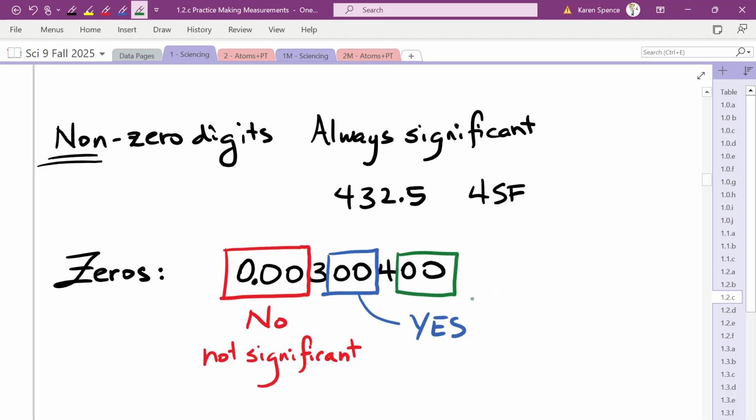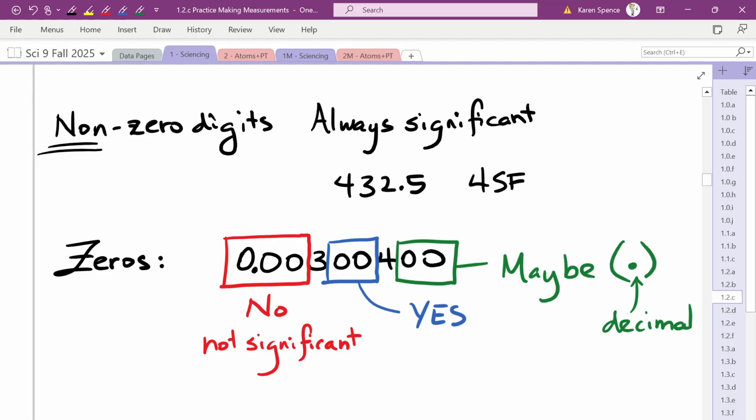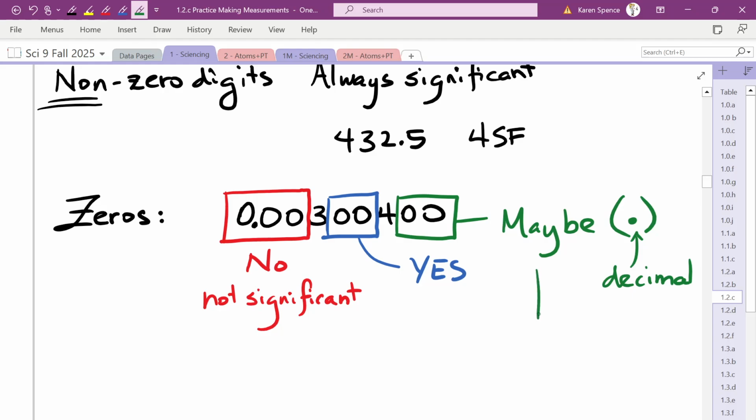And those ones are maybe. And that right there is a decimal. Okay? So if it's a maybe, you say to yourself, is there a decimal in the number?